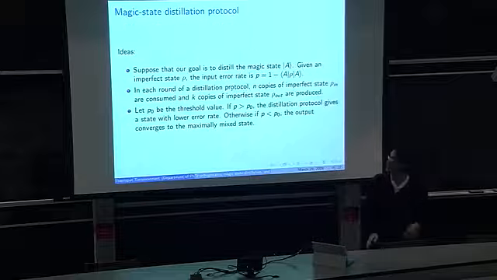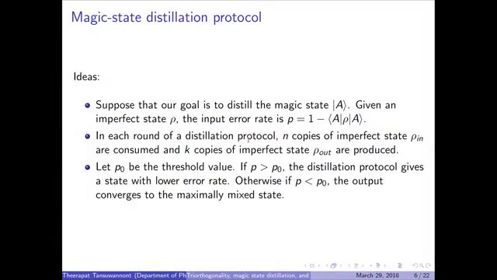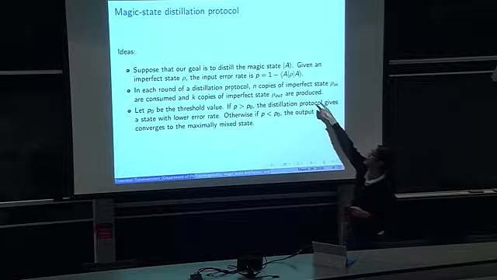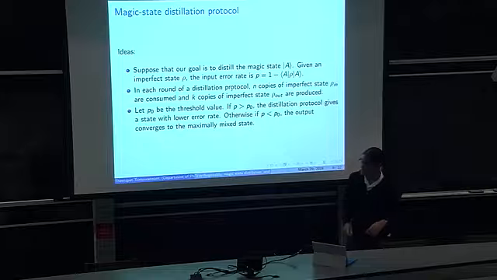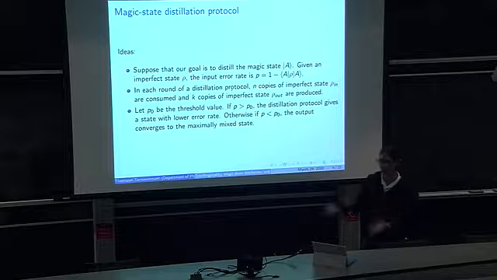So the general idea of a magic state distillation protocol is that if we have a state A, which is a magic state that we want to distill, and we have an imperfect state rho, we define the input error rate P to be 1 minus the expectation of A with respect to rho. In each round of a distillation protocol, the protocol consumes n copies of the imperfect state and produces k copies of a state that we want to be less noisy.